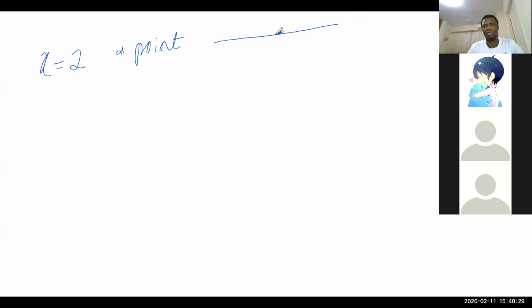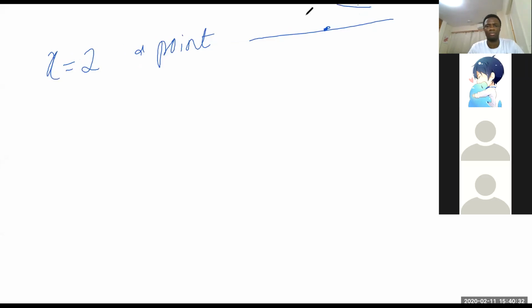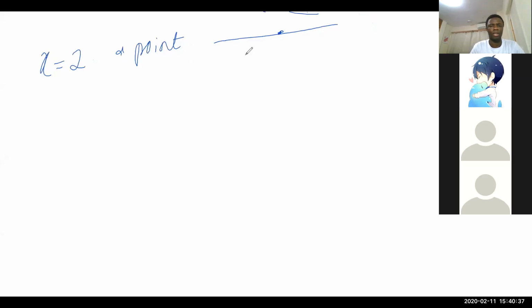If you have x equals 2, this is a point on your real line. x is equal to 2, that's a point, okay? At the same time, it is the equation of the line that passes through that point x equal to 2.